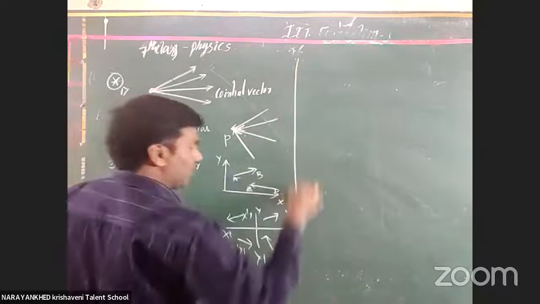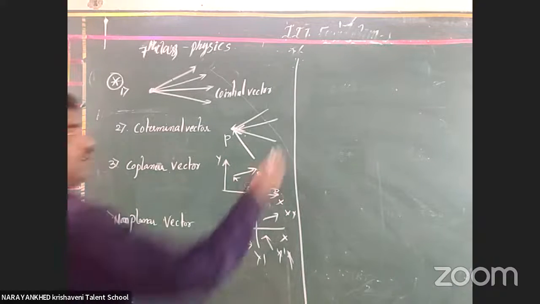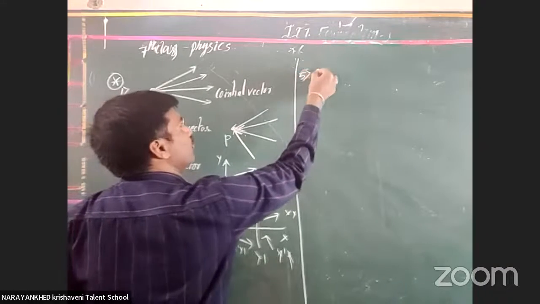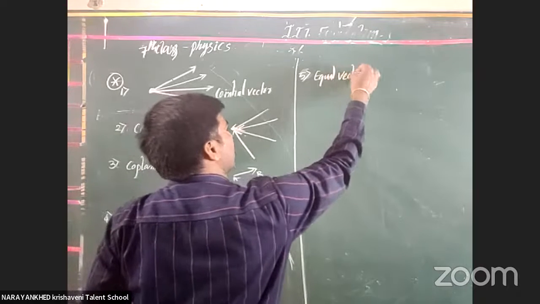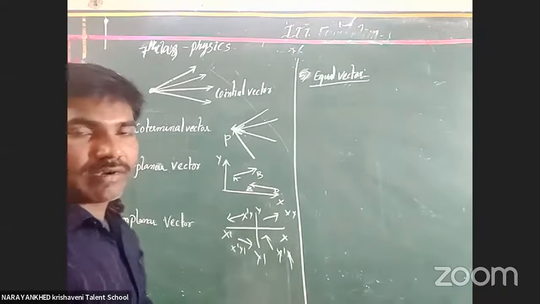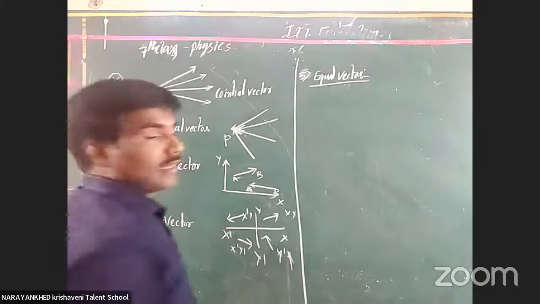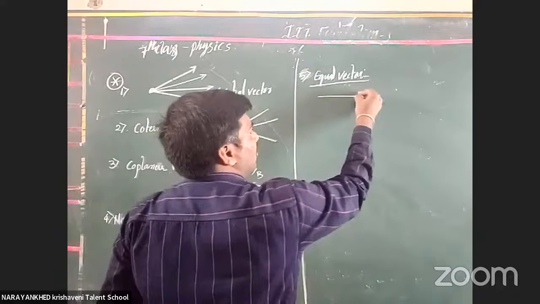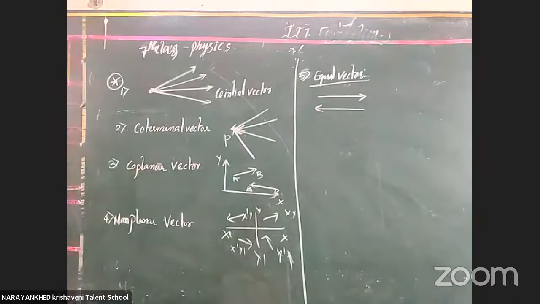And next, after this, we have equal vectors. Which one is called equal vectors? Equal vectors are vectors which have the same magnitude and the same direction.